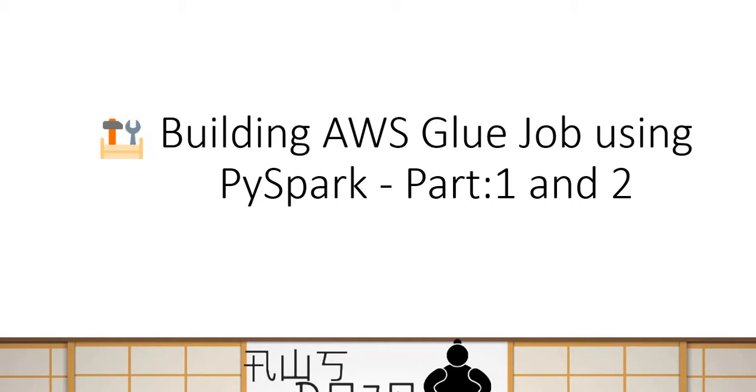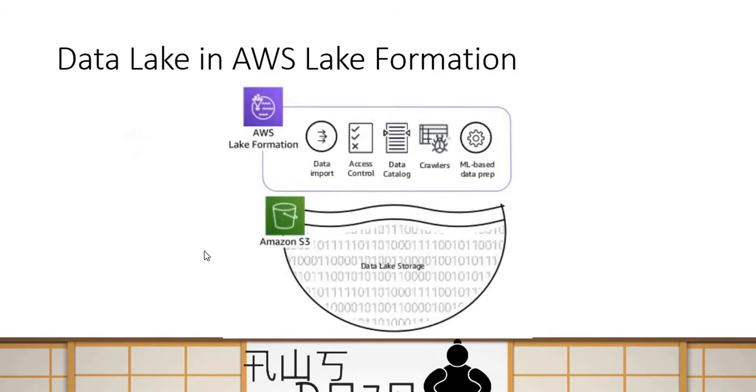So before I jump on to details of the workshop, let's try to understand some of the fundamentals involved during the workshop. One of the first fundamentals is your data lake in AWS using Lake Formation. The purpose of the data lake is pretty straightforward. It is used to store and manage your data, and it also provides access control over your data, and most important, it catalogs your data.